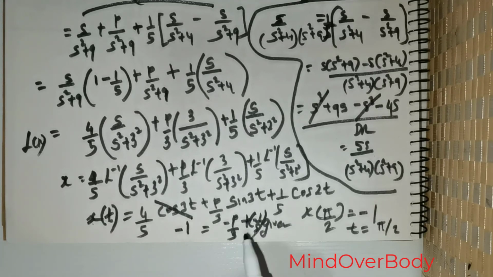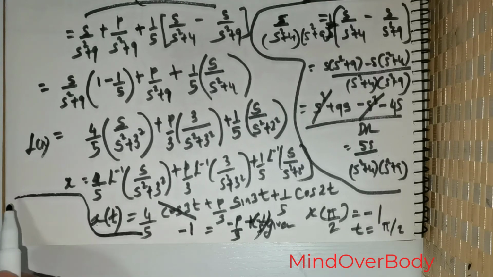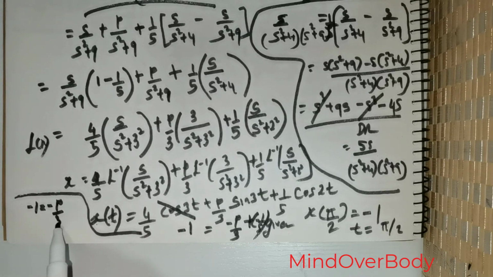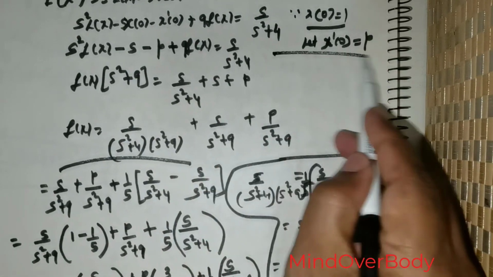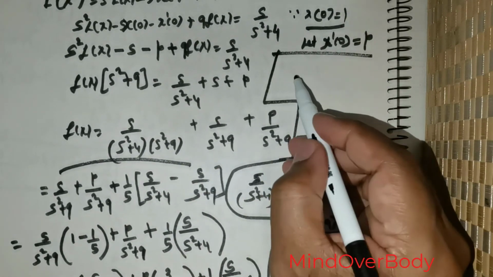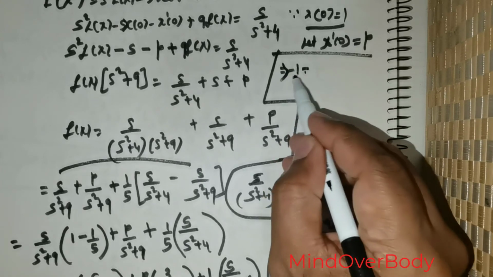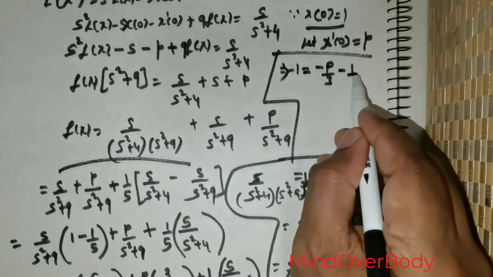So I'm going to take all these things and use this space here. I hope you can watch this. So it's going to be negative 1 is equal to negative p over 3 followed by, so I can push this negative 1 over 5 to the other side. So I get negative 1 equal to negative p over 3, negative 1 over 5.